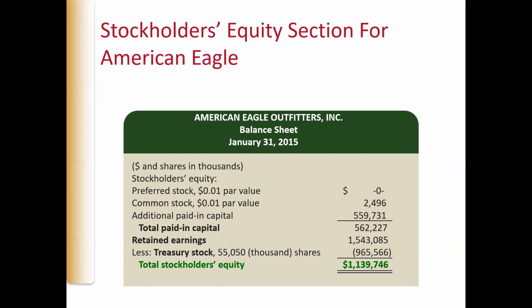And the less treasury stock, that is stock that the company has purchased back from outside ownership. And there's different reasons we'll do it, and we'll talk about it in a minute.